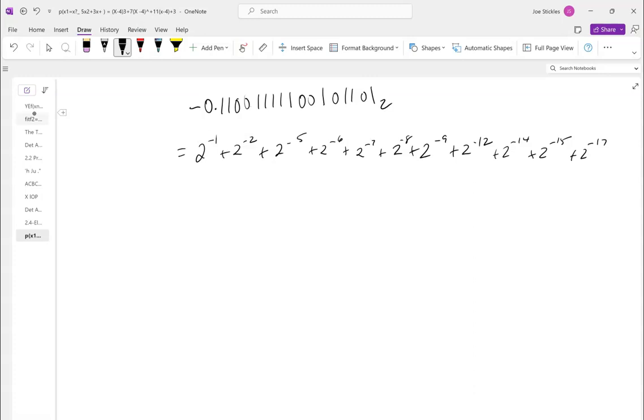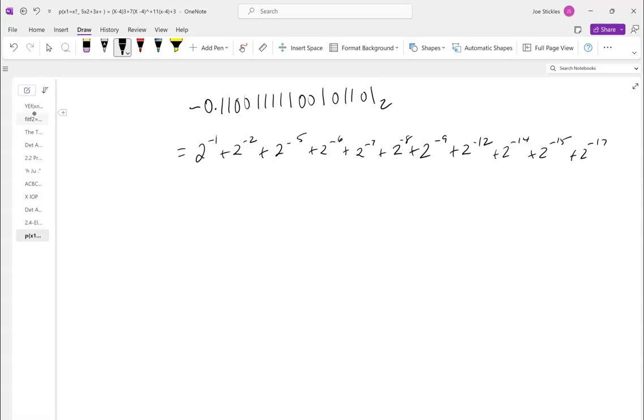Okay. So again, we're using the fact that every position is a power of 2. They're all negative since we're to the right of the binary point, and I'm just counting. And the ones that appear in the list are where the place values are non-zero, right? They're ones. Okay.